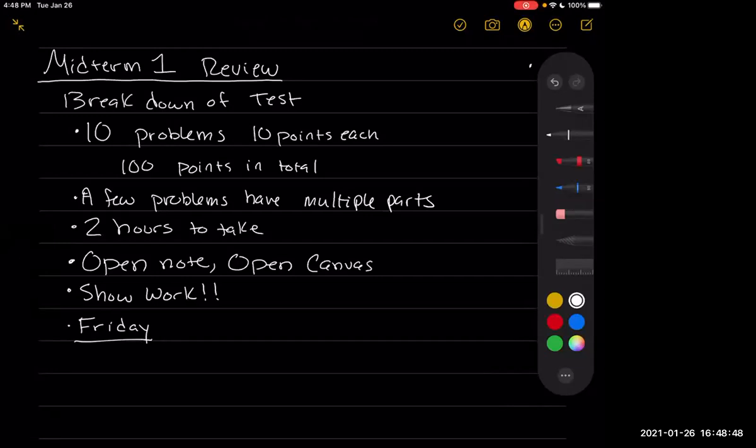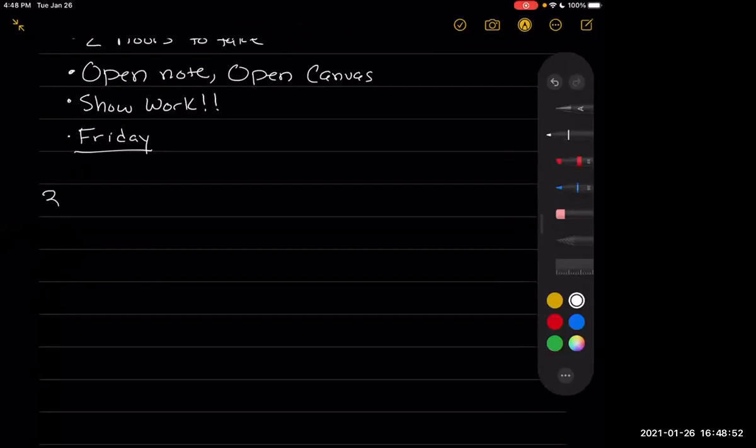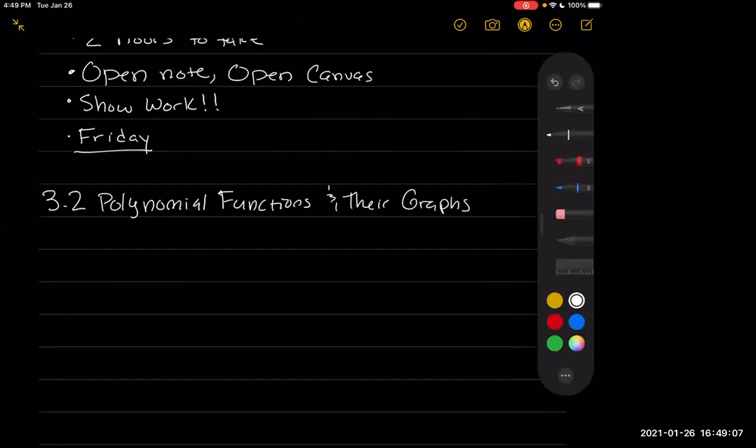Okay, so now we're going to start the actual review. So first we started with section 3.2, which is polynomial functions and their graphs. So we learned what a polynomial was.